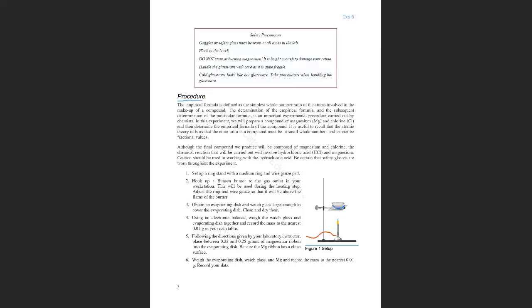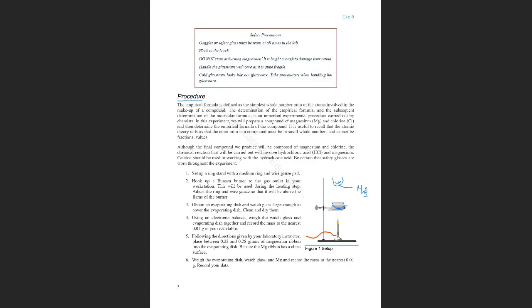And then you are going to add to the evaporating dish a ribbon of magnesium, just solid magnesium, metal, shiny, and you are going to weigh again the whole system, magnesium plus the evaporating dish plus the watch glass.